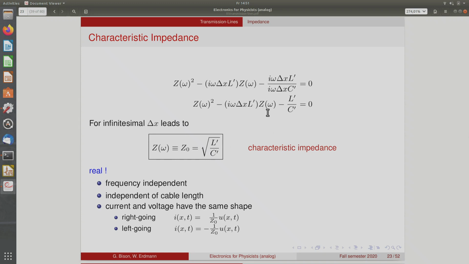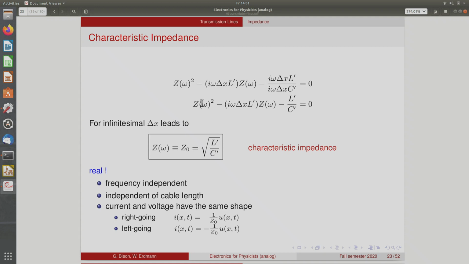And this is called the characteristic impedance of the transmission line. There's a remarkable effect that this is a real number. So we started out with complex impedances, the complex Zs for the individual capacitors and the individual inductors.